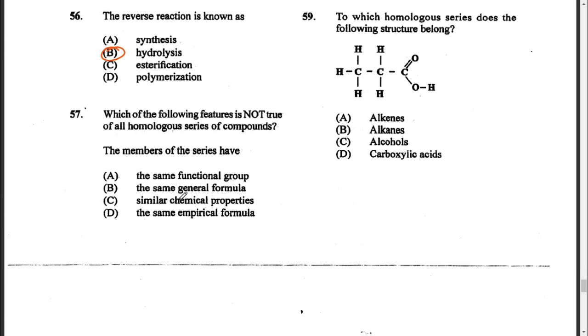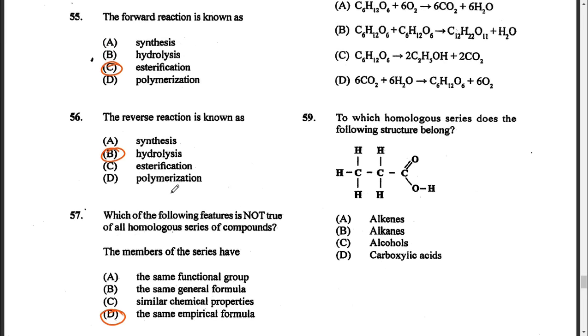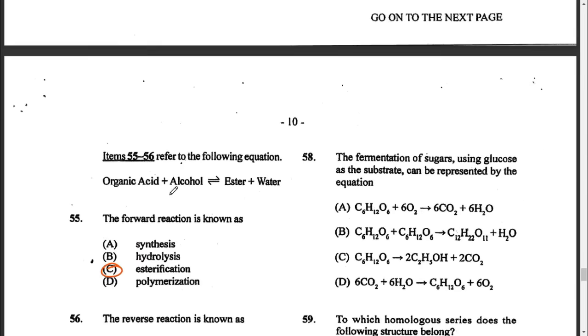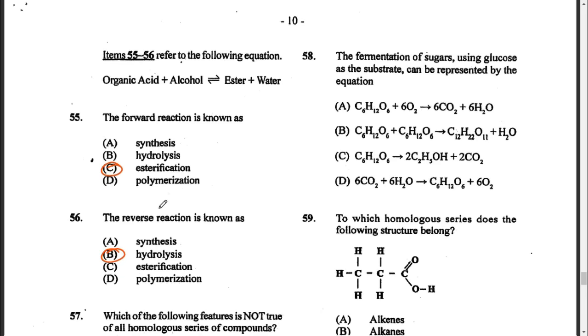57, which of the following features is not true of all homologous series of compounds? The members of the series have the same functional group, the same general formula, similar chemical properties, or D, the same empirical formula, and that is D. 58. The fermentation of sugars using glucose as the substrate can be represented by the equation.